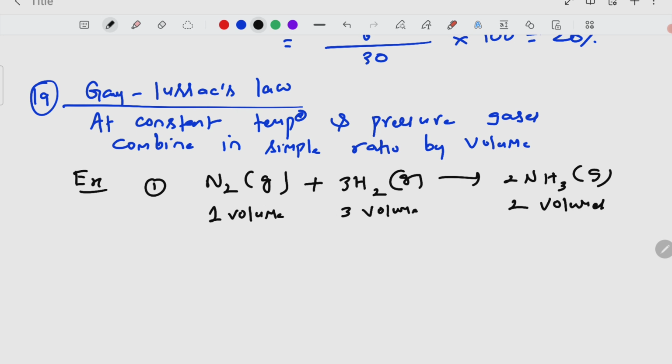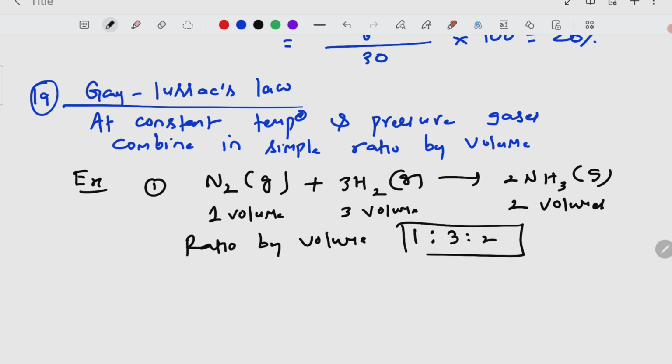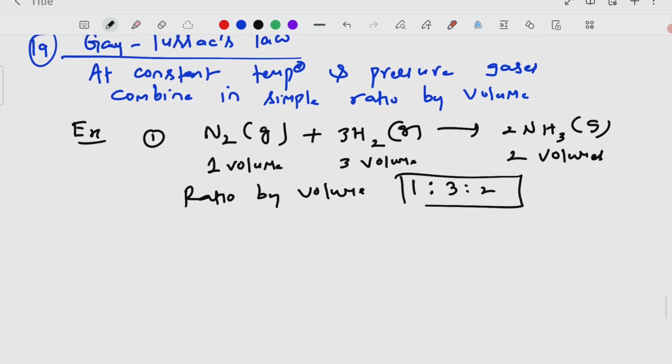If we consider the ratio by volume, it is a simple whole number ratio. Every time you get a simple whole number ratio, 1:3:2. A simple ratio by volume according to Gay-Lussac's law of combining volumes. In a simple equation where gases are combining, the ratio by volume is always a simple ratio.